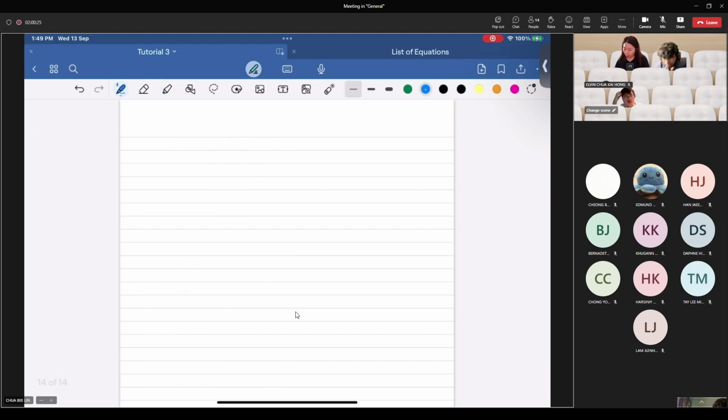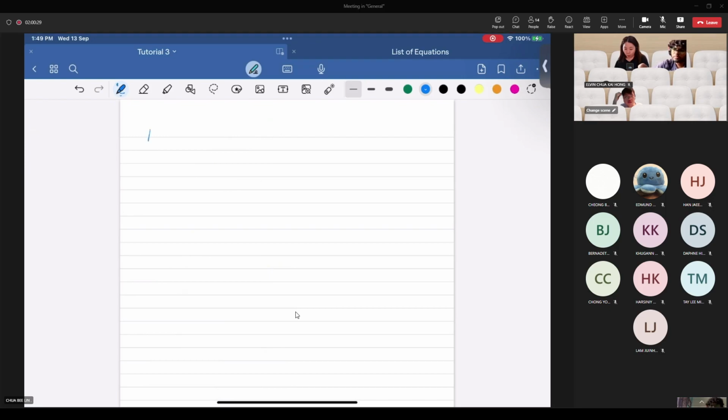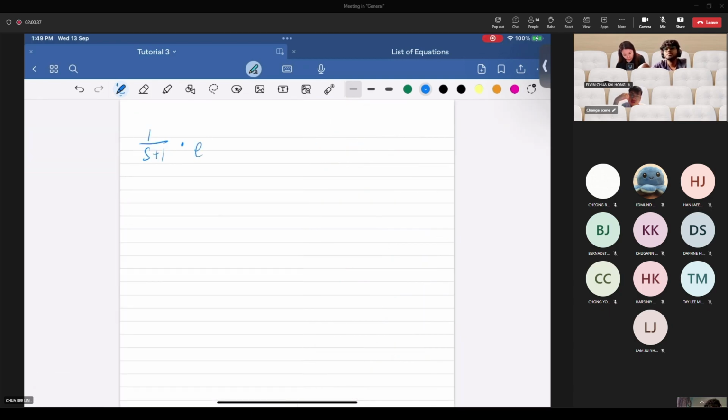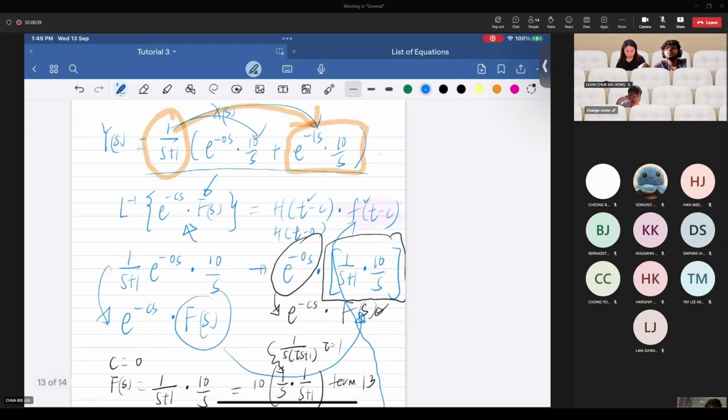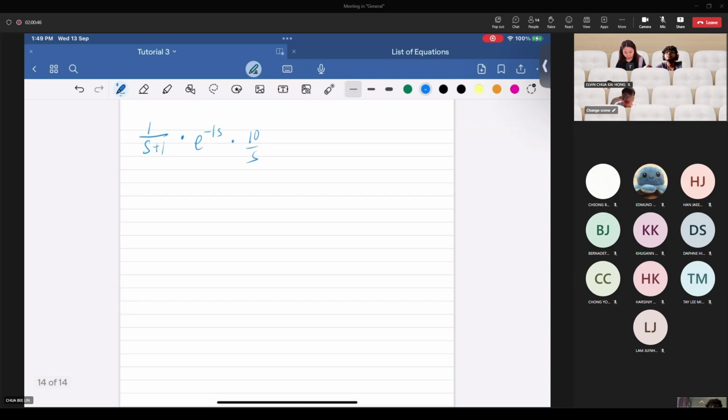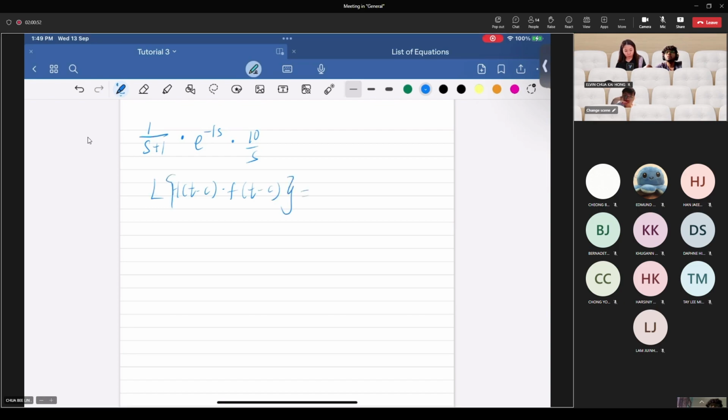The second part is 1 over s plus 1 multiplied with e to the negative 1s dot 10 over s. You always remember to apply the equation h(t minus c) dot f(t minus c). The Laplace of this will give you the answer e to the negative cs dot F(s).